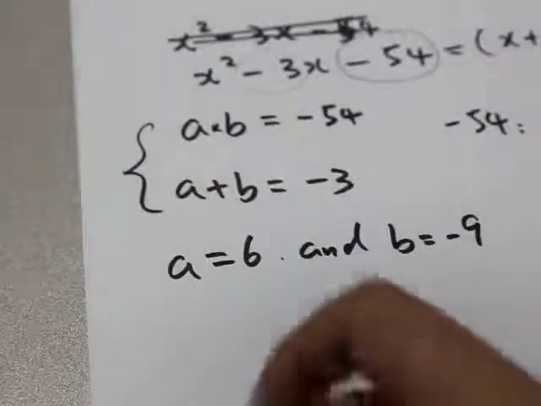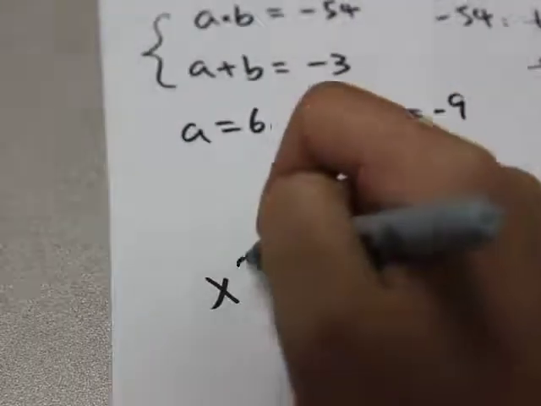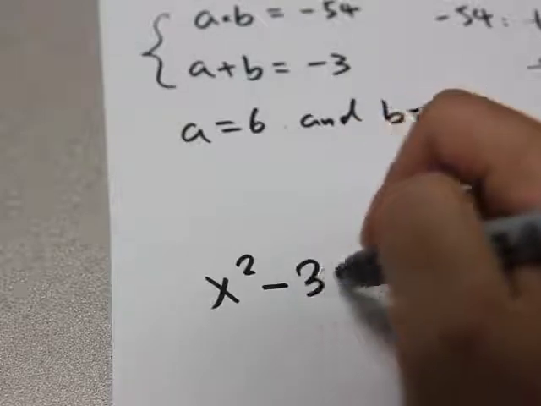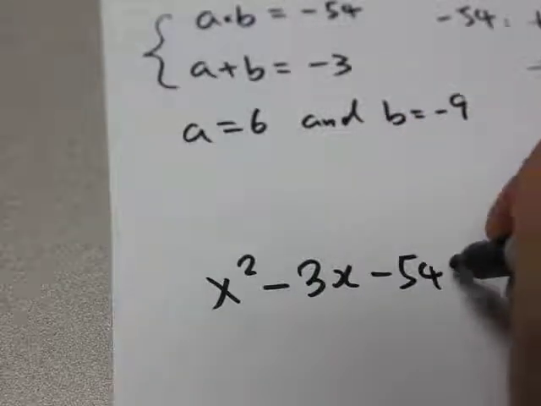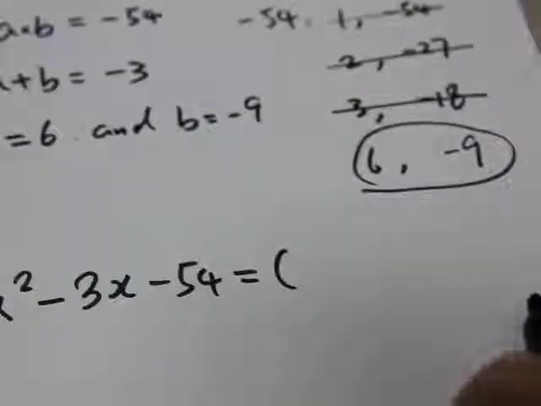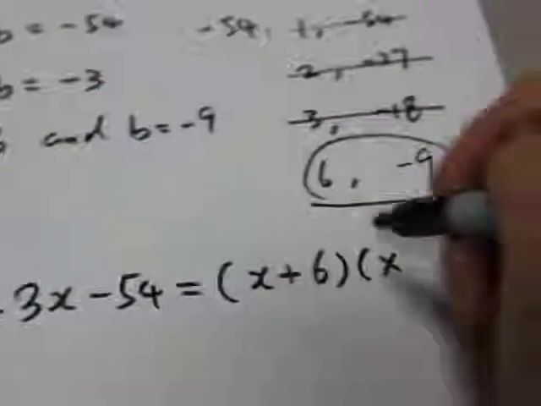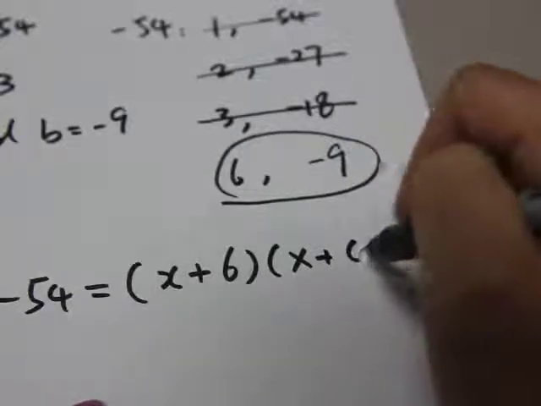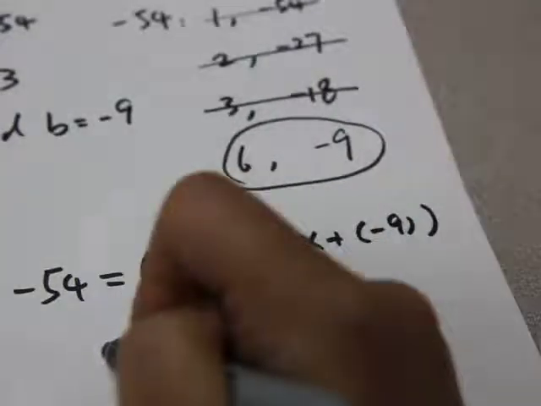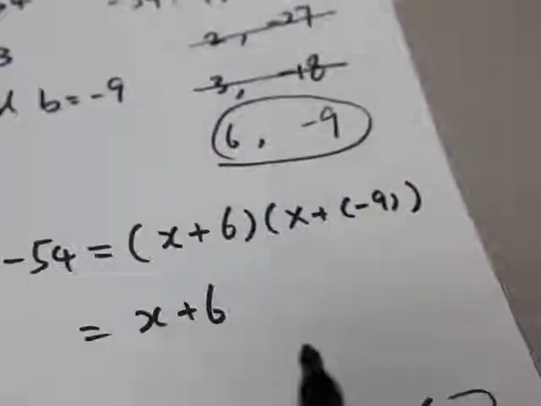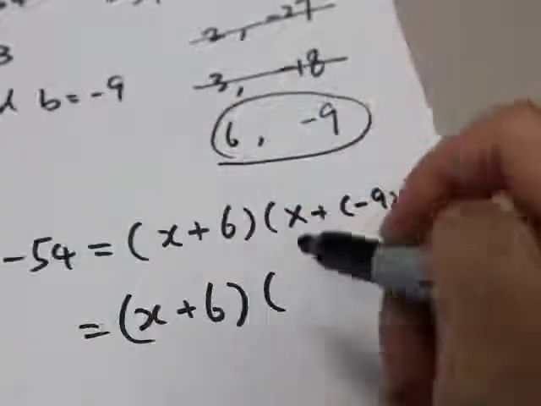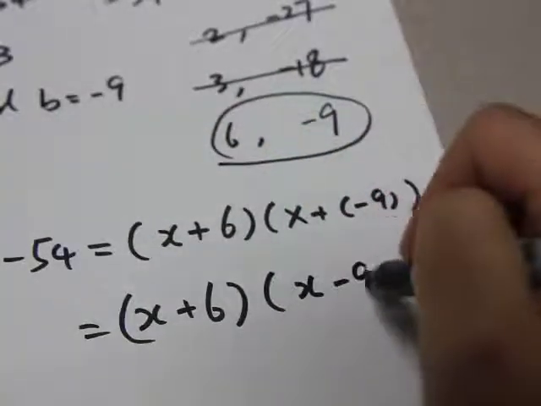So we can factor this trinomial x squared minus 3x minus 54 into x plus 6 times x plus negative 9, which is x plus 6 times x minus 9.